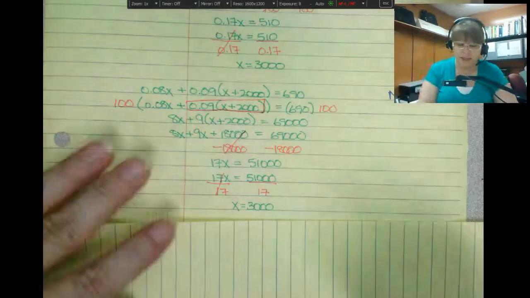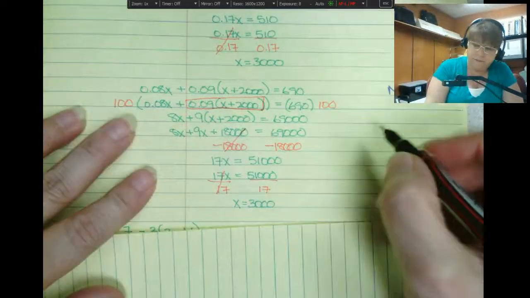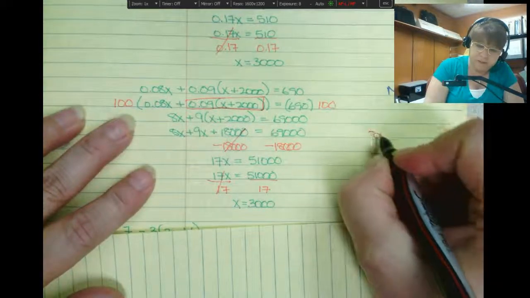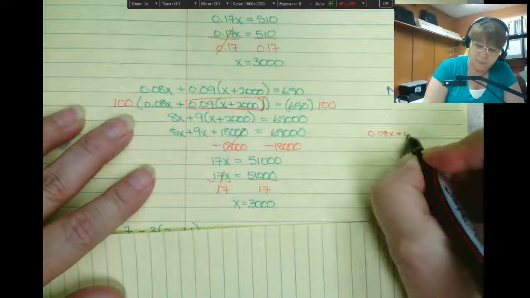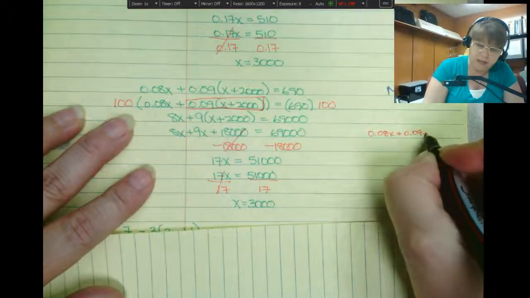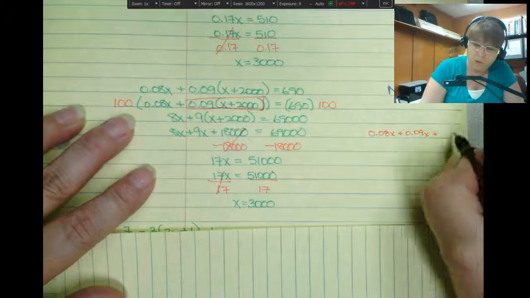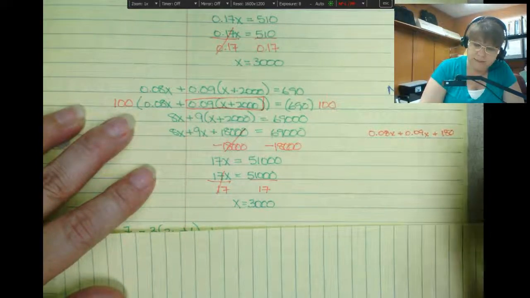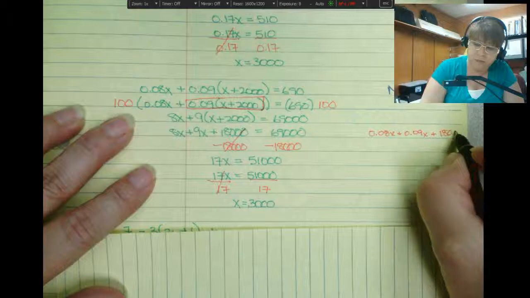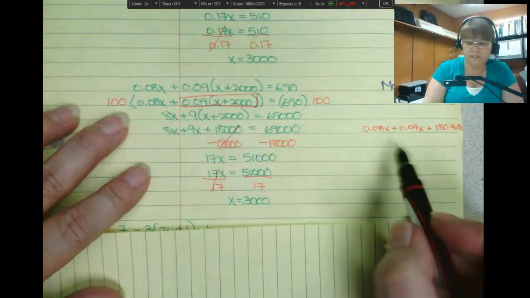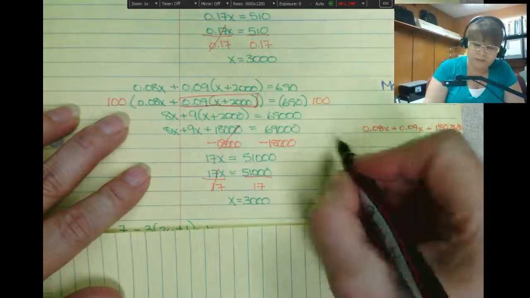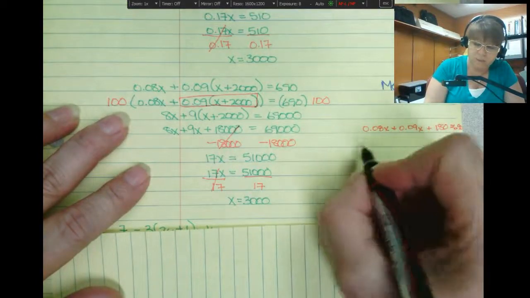What I mean by that is if my problem is 0.08x plus 0.09x plus 180 equals 690, then I have to multiply each one of the terms by 100, not just the center group.